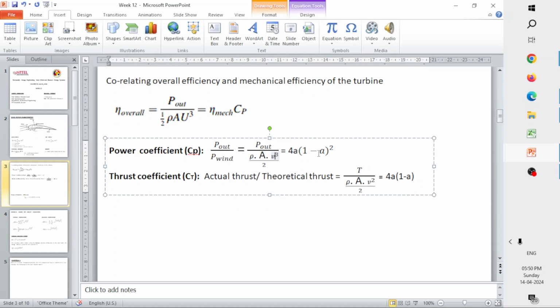So can anybody tell me what this value A actually signifies? There was a special term for this. Last class we discussed, we devised this term in the linear momentum theorem. What is A?